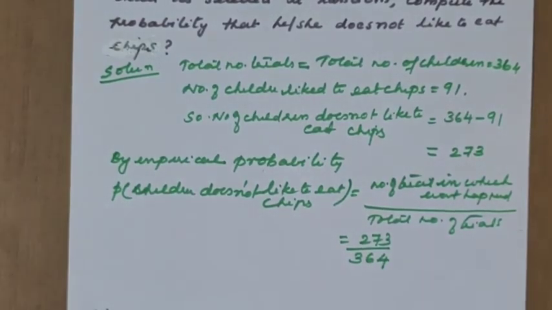So this is the answer, 273 by 364, for the children who do not like to eat chips.